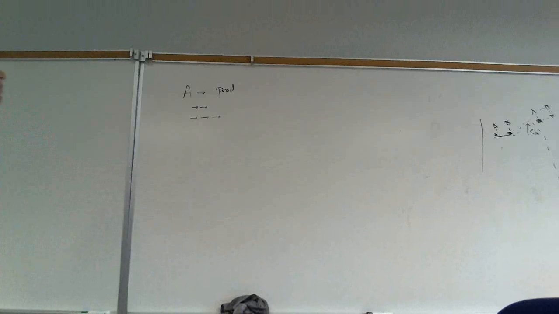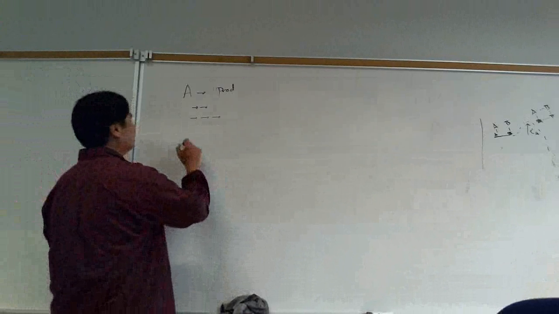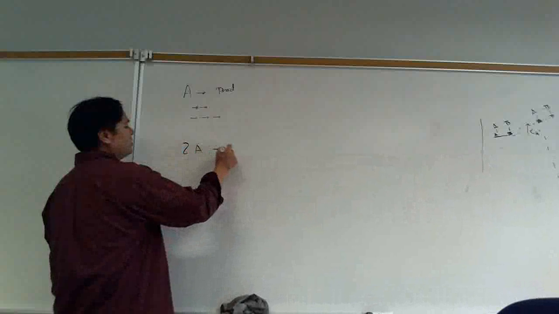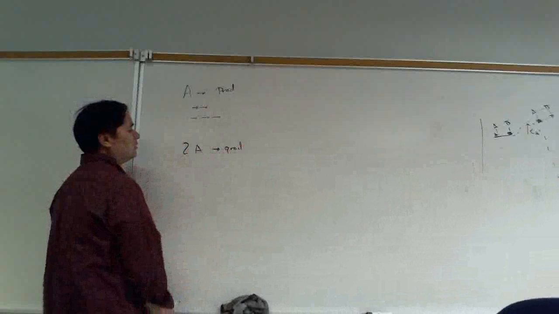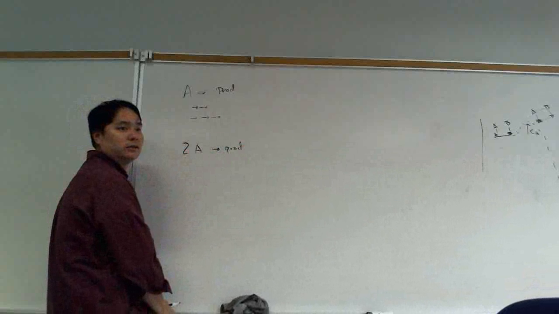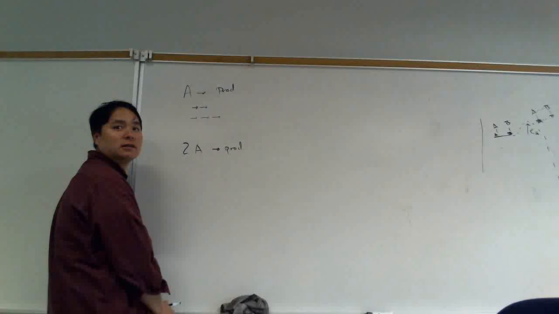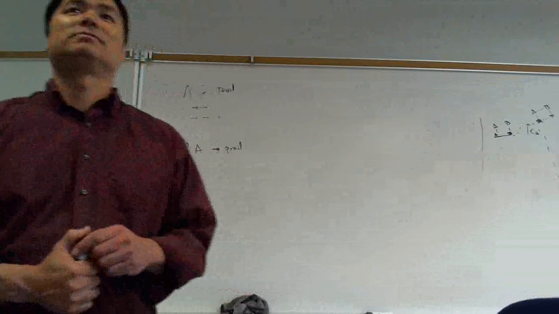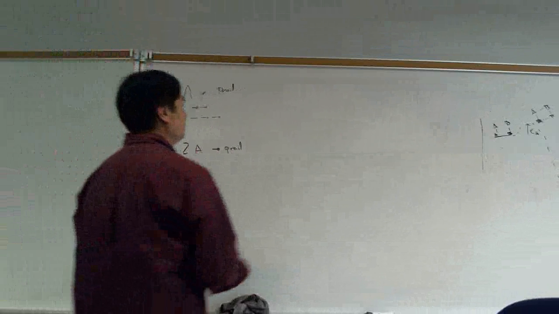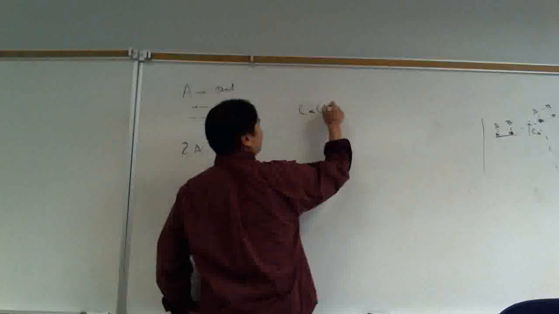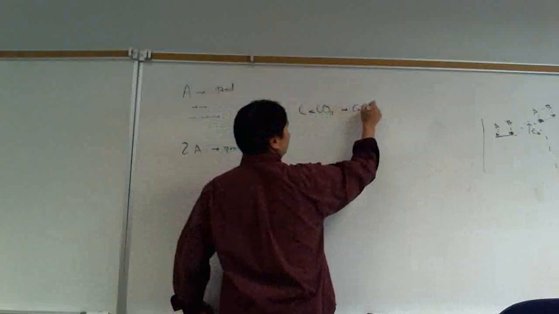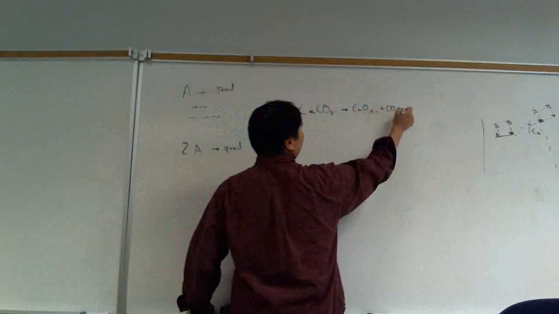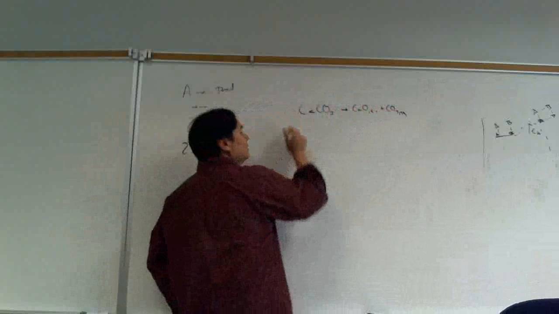You would assume, yeah, maybe it is unimolecular. But what if I wrote something like this? 2A goes to product. You'd think that's bimolecular, right? But you don't know because, let me do this. Calcium carbonate goes to product, calcium oxide solid plus CO2 gas. What is that? Unimolecular?